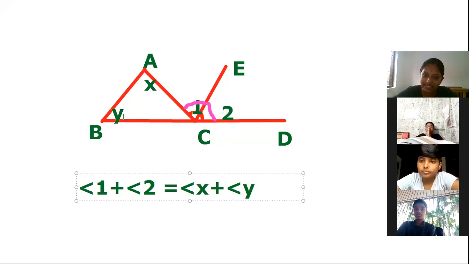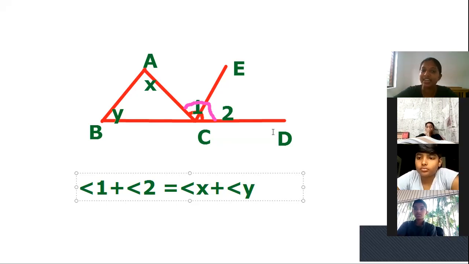X and Y are the interior angles here, and the sum of 1 and 2 gives the exterior angle at C. So using this, we can see the property of exterior angle, that is an exterior angle of a triangle is equal to the sum of its interior opposite angles.